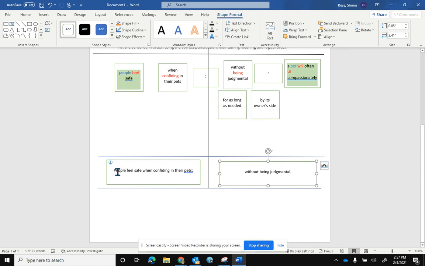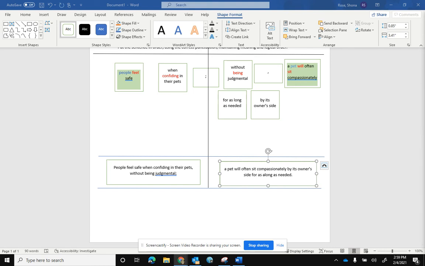So we know that this part of the sentence was already there as our dependent clause, and that this one, without being judgmental, was a phrase. That means that this example is not written correctly. A semicolon is not needed there, neither is a comma.